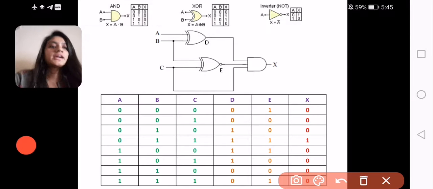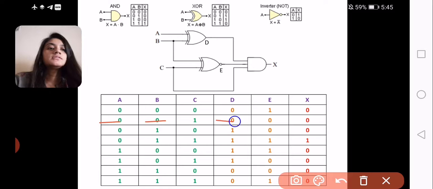Okay. Next combination, do the XOR operation of A and B. Let us first do the XOR operation of all the combinations of A and B. So 0 0 XOR will give 0. 0 1, difference is there, so answer will be 1. 1 0, answer will be 1. 1 1, both bits are same, so answer will be 0.